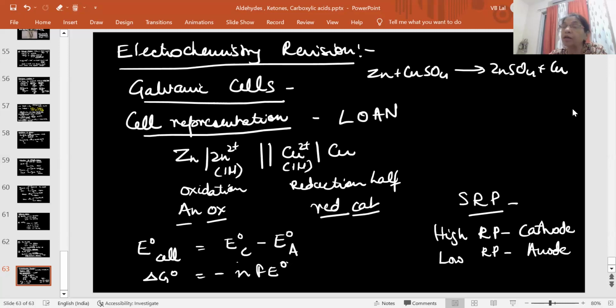F is 1 Faraday. The value of Faraday will be given in the paper, but if it is not, you should know 1 Faraday is equal to 96500 coulombs. That is the charge on 1 mole of electrons. So using this value, you can find minus NFE and find out the delta G.